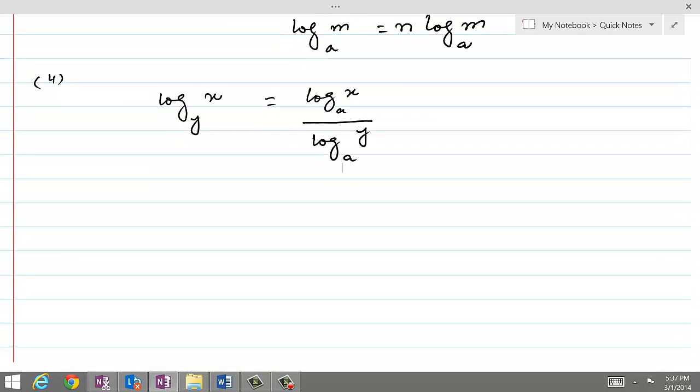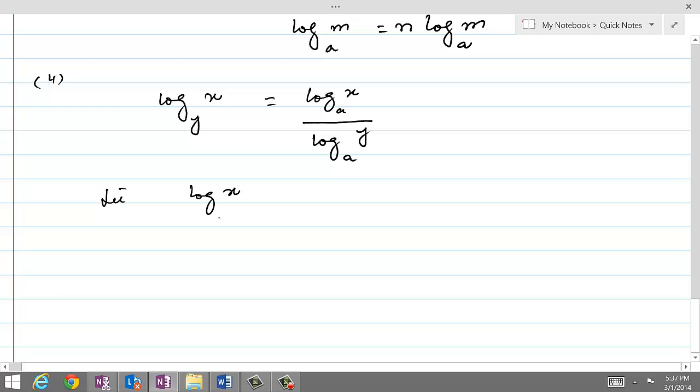So now we assume, let log of x base y equal to t. And if we change this into exponential form, what would be the exponential form? x would be equal to y power t.